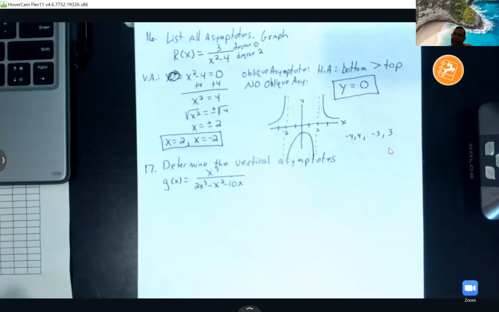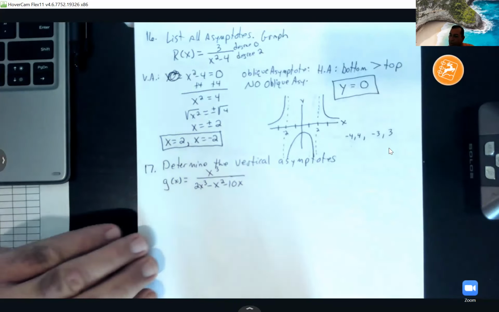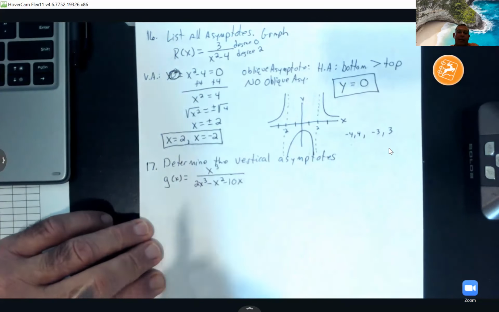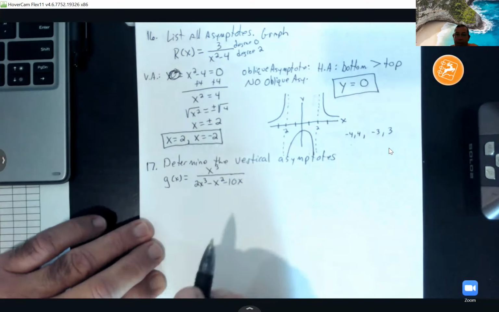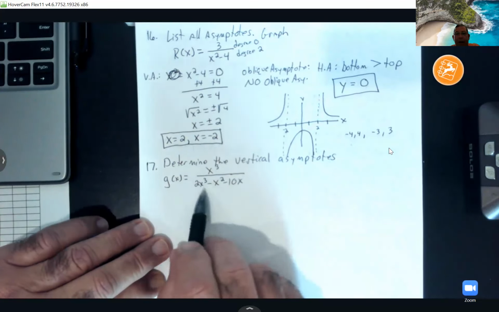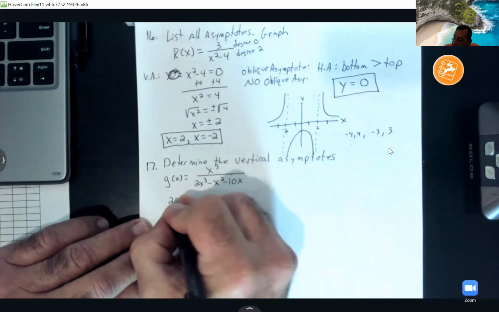So I'm not going to lie, this is probably one of the trickier problems you're going to do. And it's because you're going to get one of your asymptotes to cancel out. So let me show you how that's going to happen. So first I will set the bottom equal to 0.